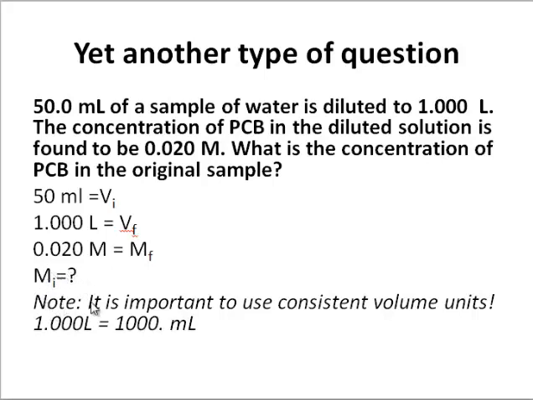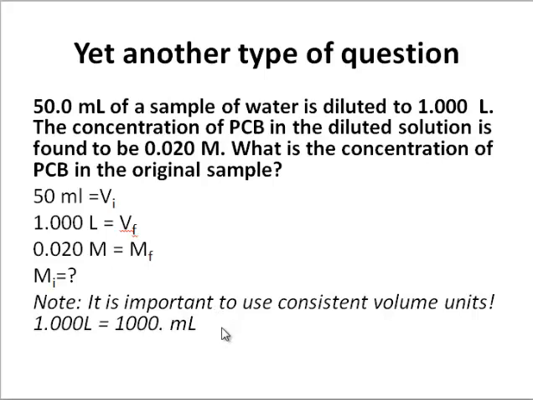Note it's important to use consistent volume units. For this question, I'm going to use volume units of milliliters, so I note that 1 liter is 1,000 milliliters. Alright, at this point you could attempt the solution.